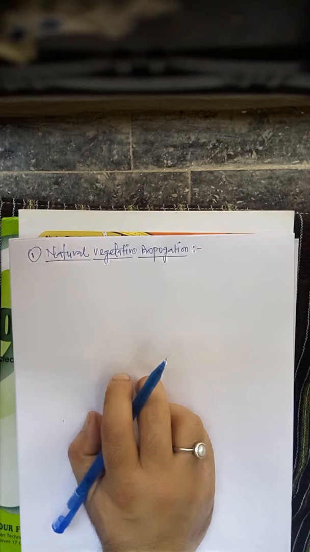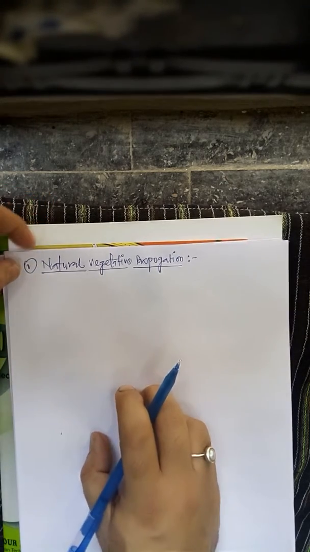There is no involvement and no use of human methods. Through the roots, leaves and stem, the plants produce new offspring naturally. There is no involvement of human beings, so there is no role of human beings. They naturally produce new offspring and new plants. This process is called natural vegetative propagation.